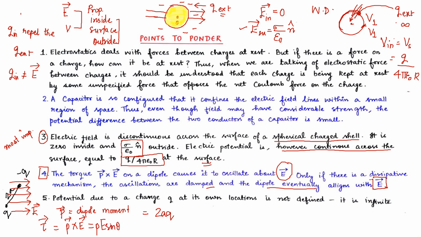Now here, follow the green ink. At this point the electric field is coming in this direction, so it will try to fold it in this way, and over here also the electric field will try to make it rotate in this direction. So they are trying to rotate.